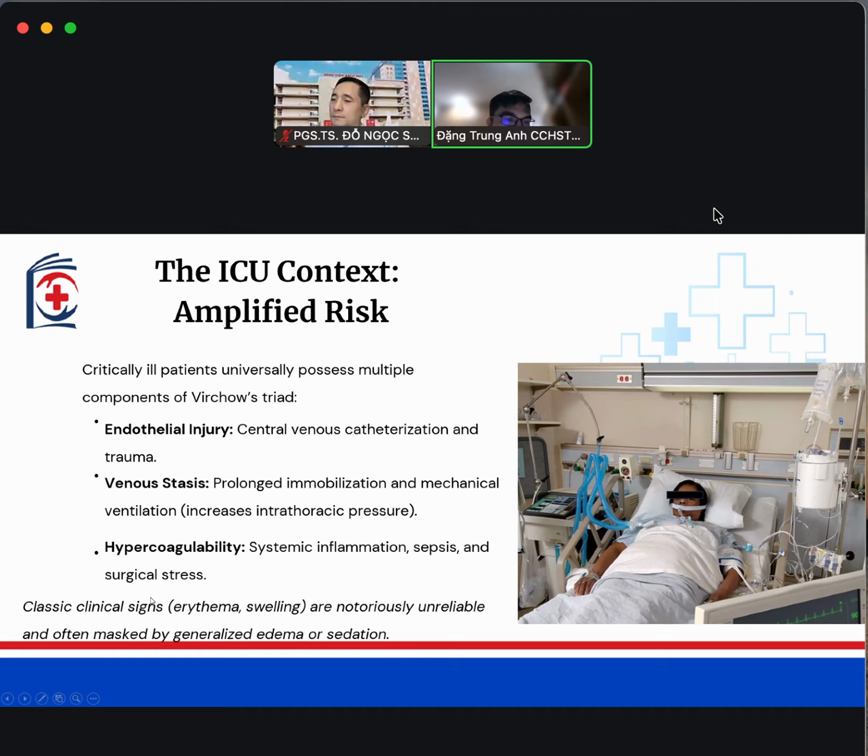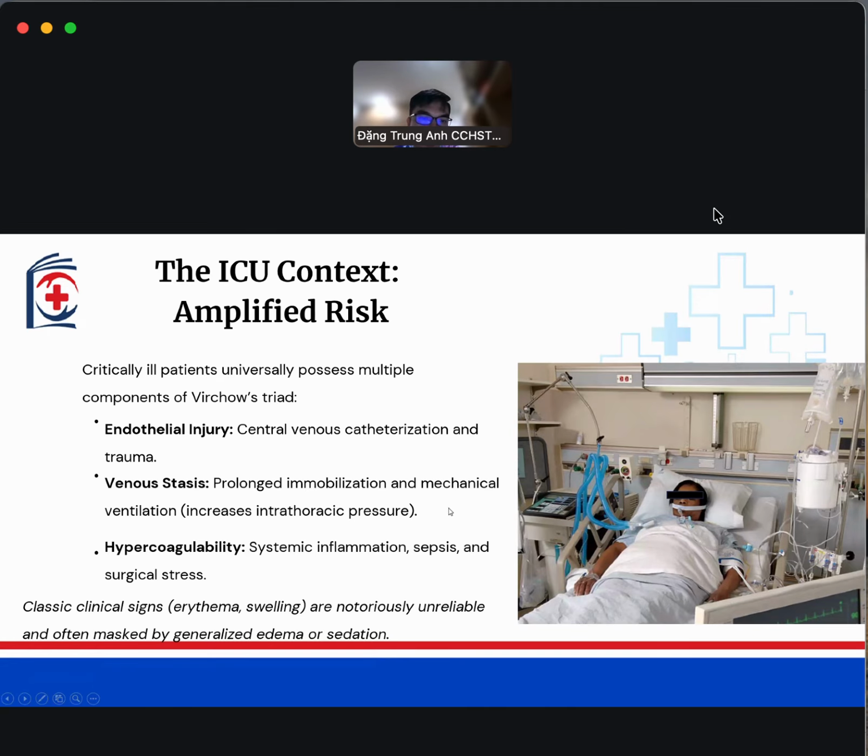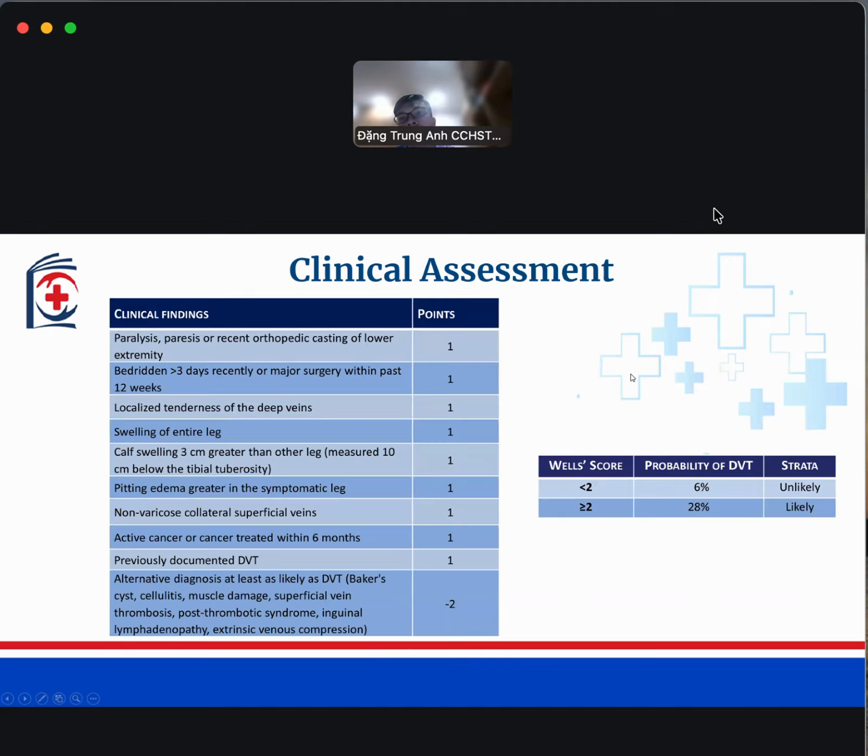We can also note that the classic clinical signs, for example erythema and swelling, are unreliable because they are masked by general edema or the sedation state of the patient. So when the patient has symptoms that suggest DVT, we can assess the Wells score for risk classification for DVT.